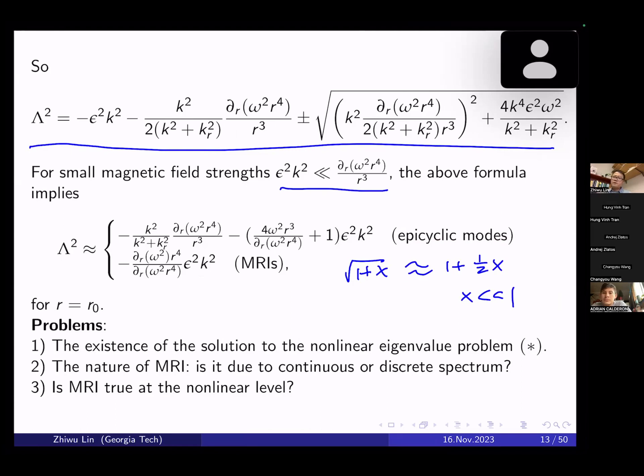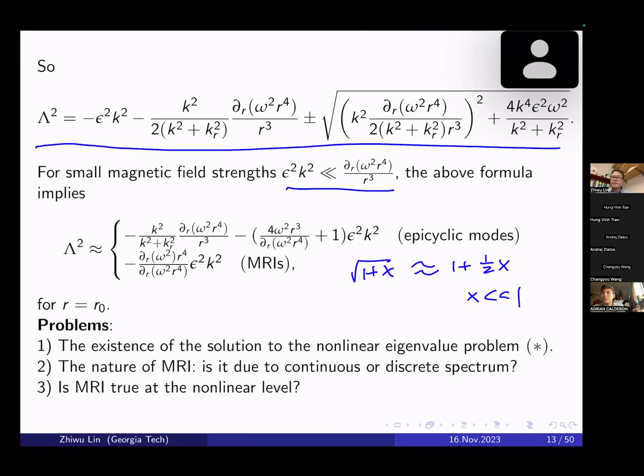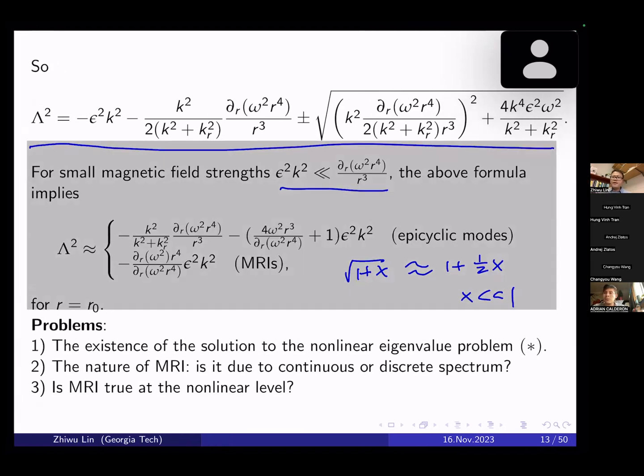Okay, so from this approximation formula, we can see if the Rayleigh criterion is satisfied. In other words, if partial r omega square is always positive, it's really stable. And if partial r omega square is negative at a certain point, at a point r0, let's say, then you look at the second eigenvalue.